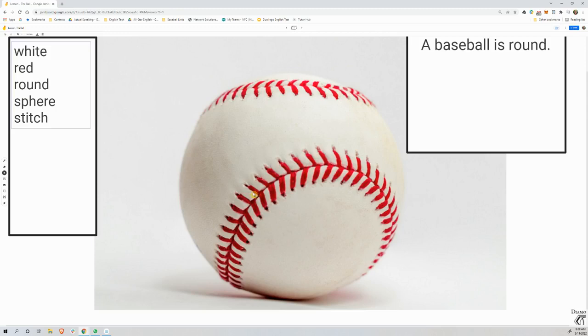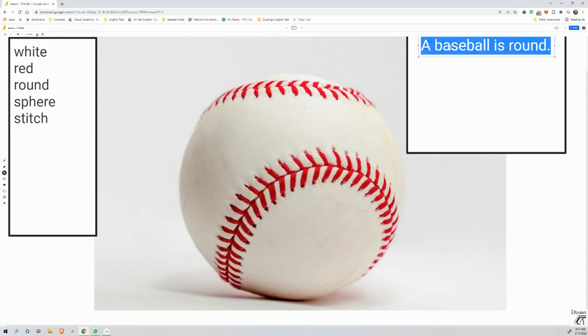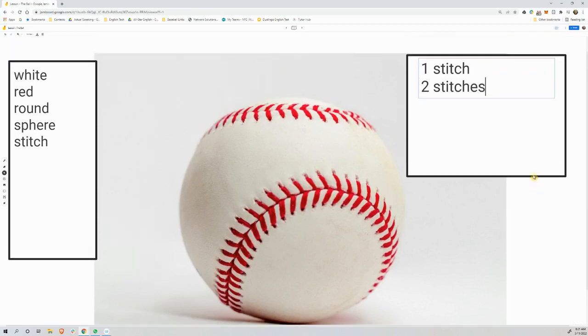Okay, but there are many stitches. So let me go here. 1 stitch, 2 stitches. Okay, so there are many stitches on a baseball. Many, many.